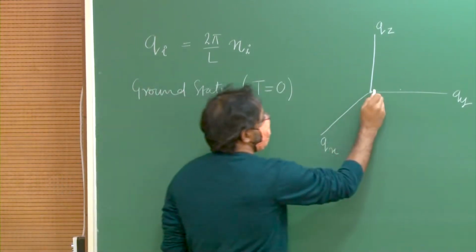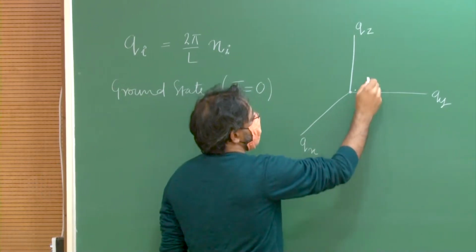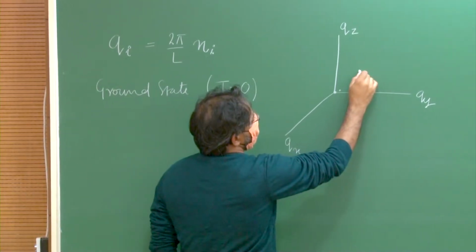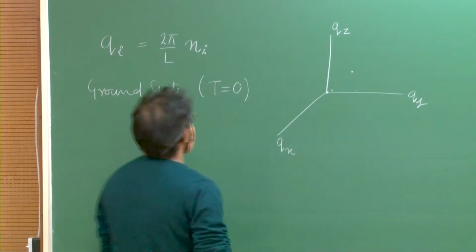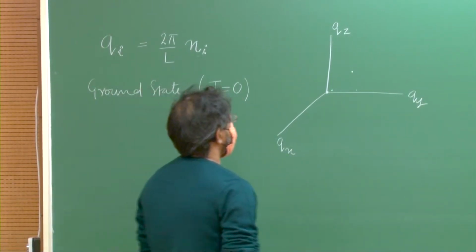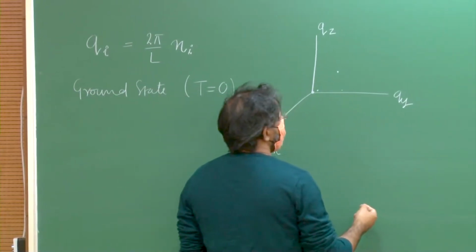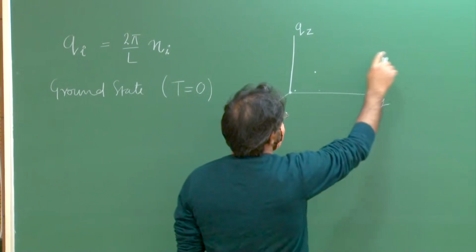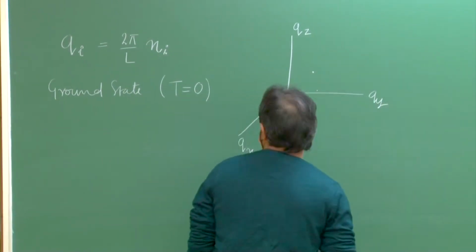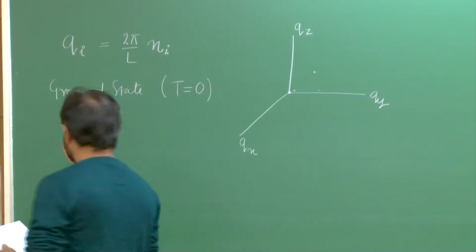Any arbitrary q point has coordinates qx, qy, and qz, and these are the quantum numbers of the problem along with the spin of the electron. So there are 4 quantum numbers: qx, qy, qz, and then a spin of plus half or minus half.